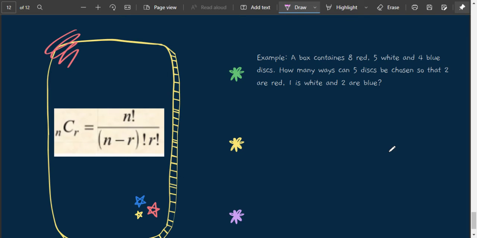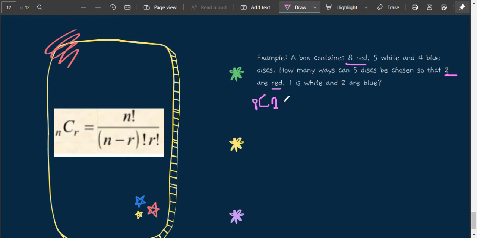Pero dito naman, puro mga disc. So, sabi dito, meron ka daw 8 na red. Pero, ilan lang yung kailangan mong red? Sabi, 2 are red. So, 2. Yan. So, magiging 8C2.